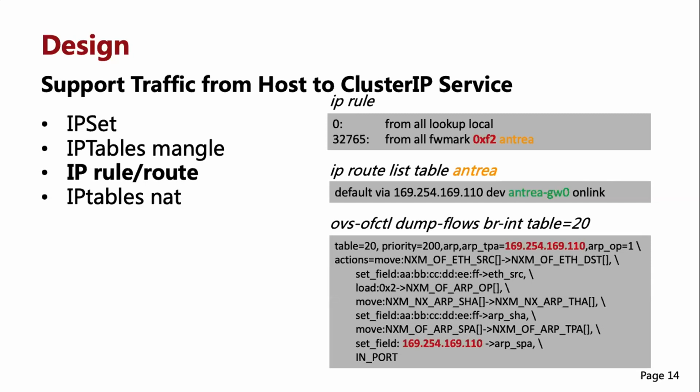I didn't have a test about it, but I think if the destination is the service IP address, the host will choose the IP address from the Ethernet, not the antrea-gw0. But I don't have exactly a test.